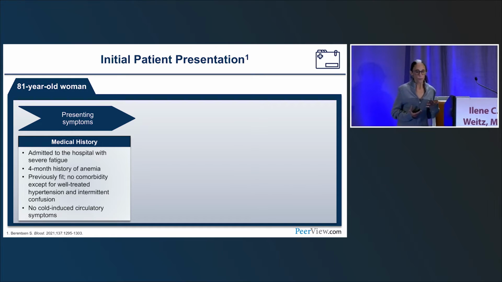She previously was very healthy, walked every day, did her activities of daily living. She had mild hypertension, which was treated, but she had evidence of intermittent episodes of confusion, but she didn't have any cold circulatory findings or symptoms.